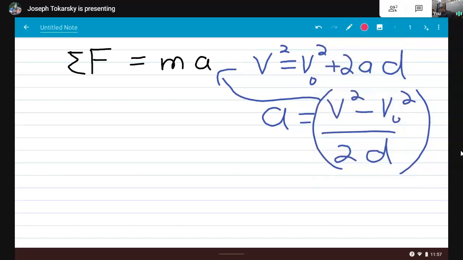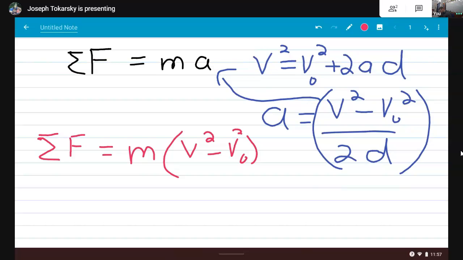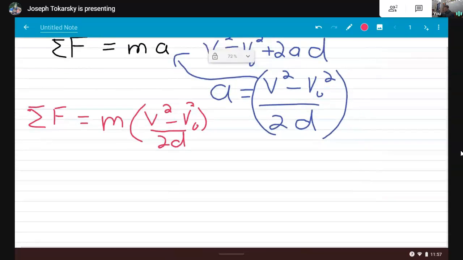So I perform that substitution and I get the sum of all forces on the axis of the acceleration equals m times v squared minus v initial squared over 2 times d. Basic substitution with two formulas we've used for a long time, right?